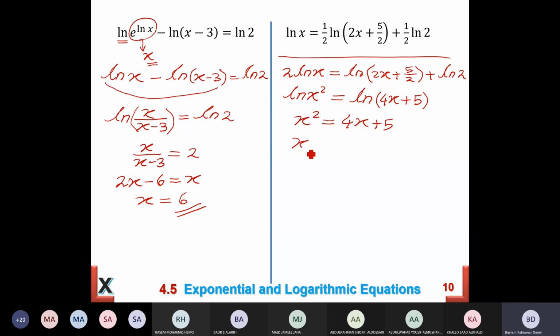So it is a simple quadratic form, Shabab. We have x minus 5 times x plus 1, I guess. Am I right?